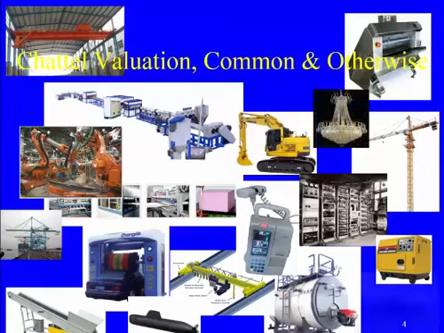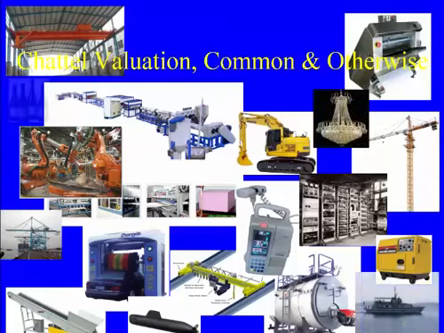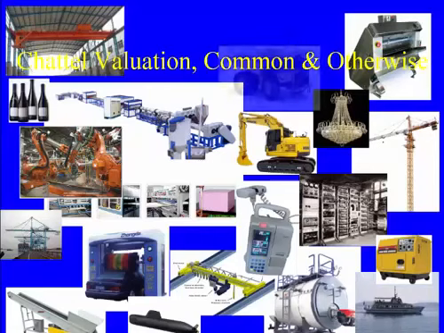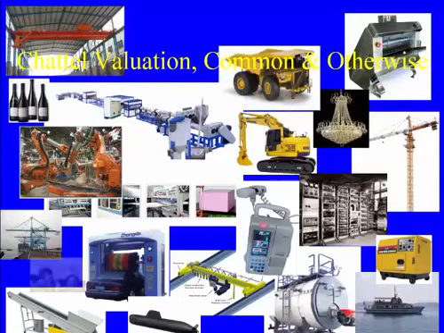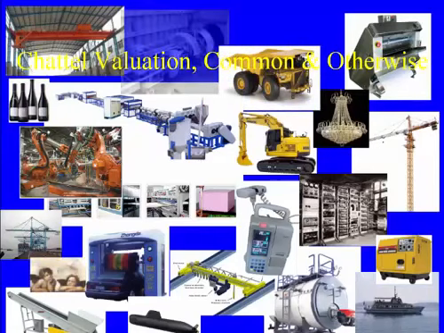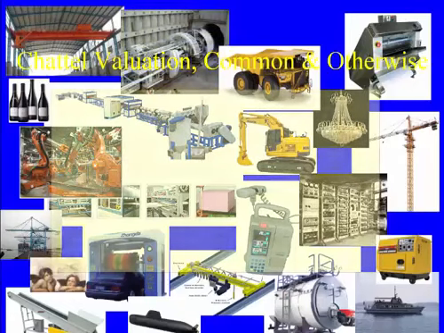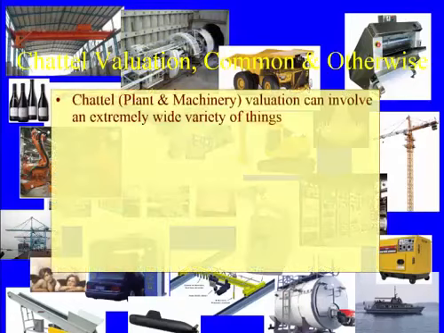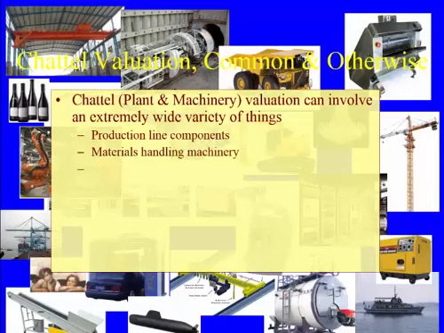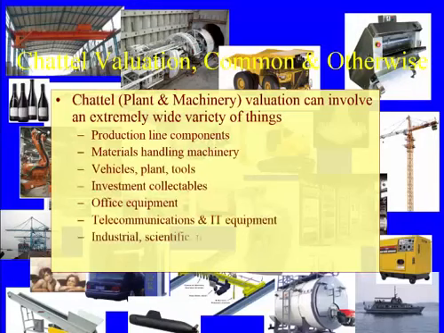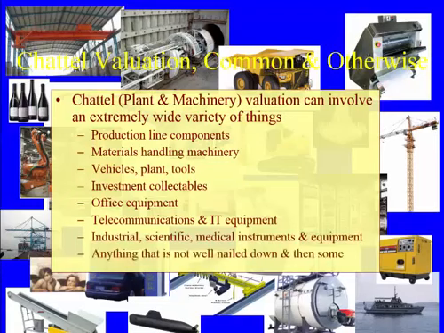What I'm putting up on the screen here happens to be things that I have had personal experience in valuing one way or another. And you'll see that it does range from the industrial, predictable, property-related types of plant and machinery to some other rather curious and unusual things. And the reason is that chattel valuation can involve an extremely wide variety of things.